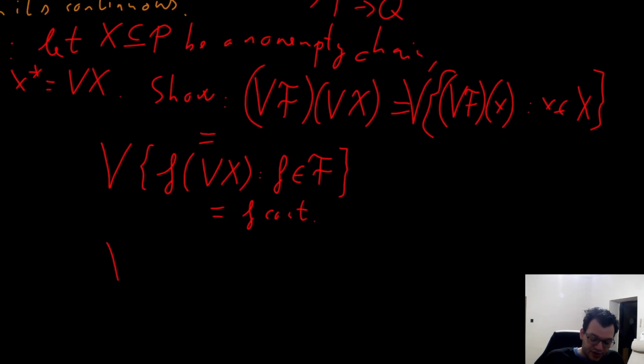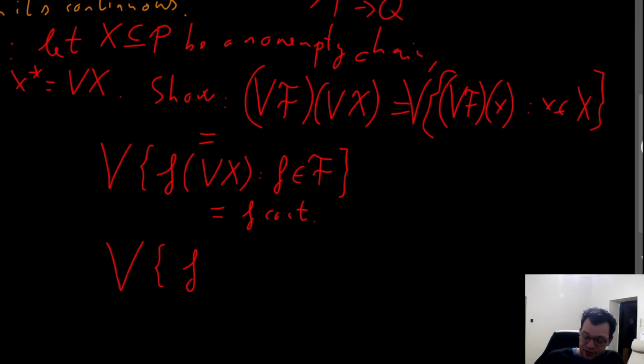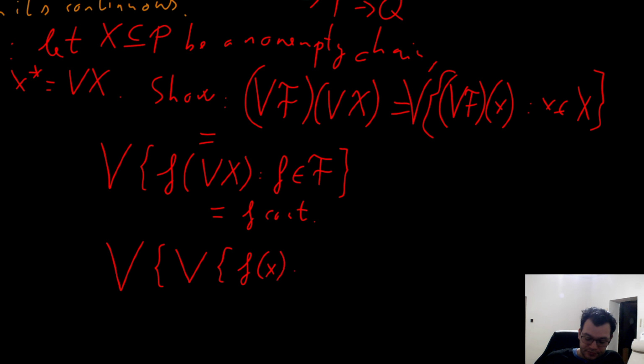So this is just the supremum of another supremum of the f of x's, and here x in X is the inner variable, and f in F is the outer variable.